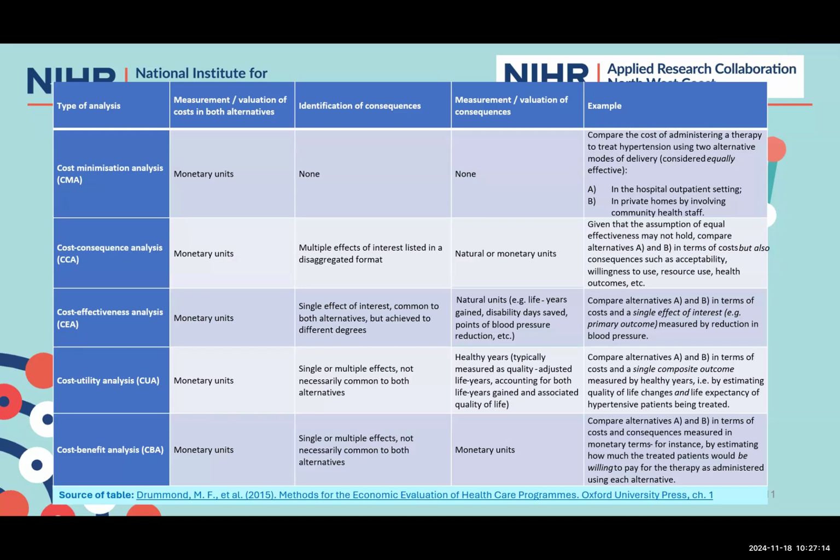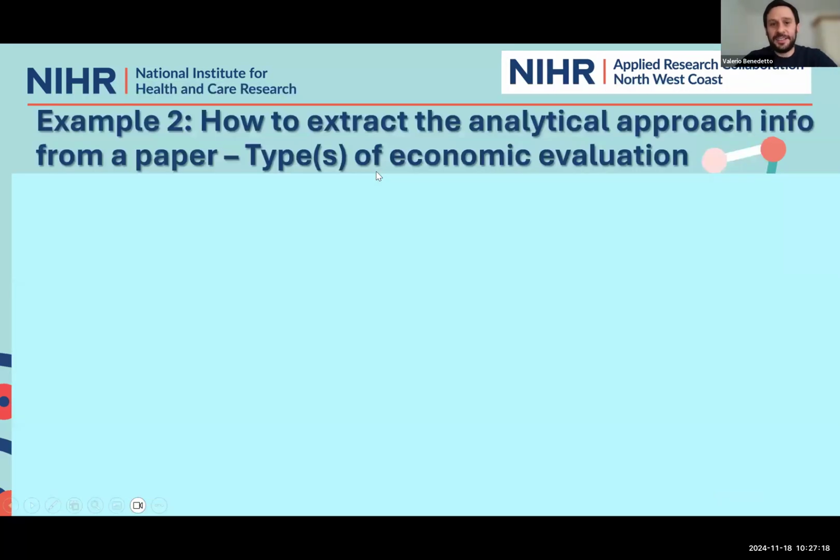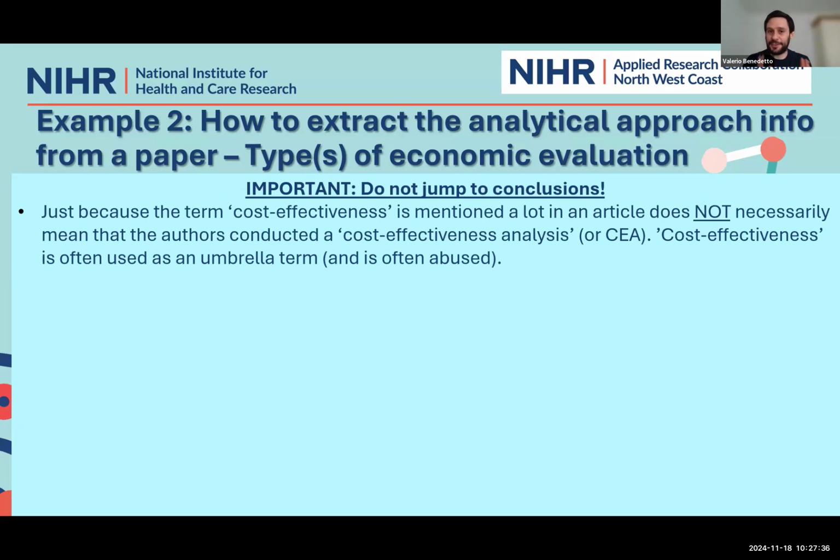Okay, I'll carry on. This is another example of how to extract the analytical approach information from a paper, in particular related to types of economic evaluation. The first thing I'm going to say is linked to what Luis was saying a second ago. First of all, do not jump to conclusions. The term cost effectiveness is mentioned a lot.